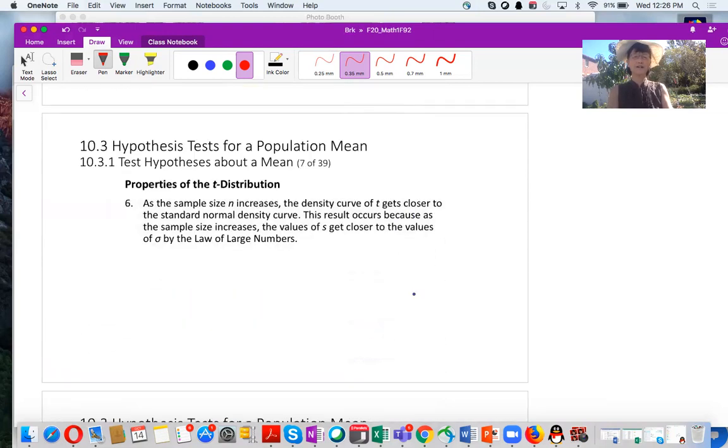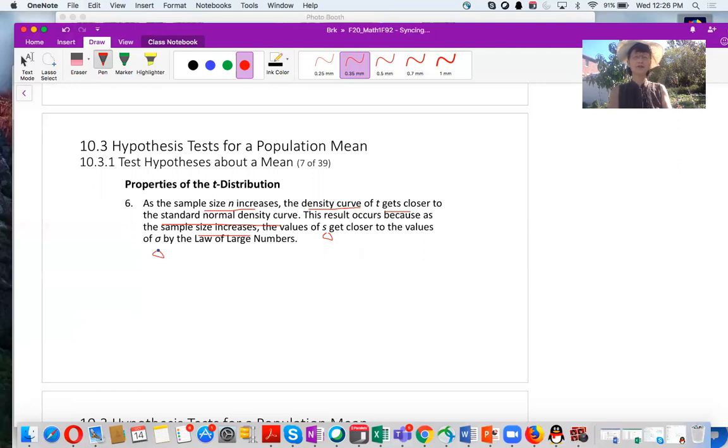And property 6: as the sample size increases, the density curve gets closer to the standard normal density curve. This result occurs because as the sample size increases, the value of the sample standard deviation S gets closer to the value of the population standard deviation sigma.